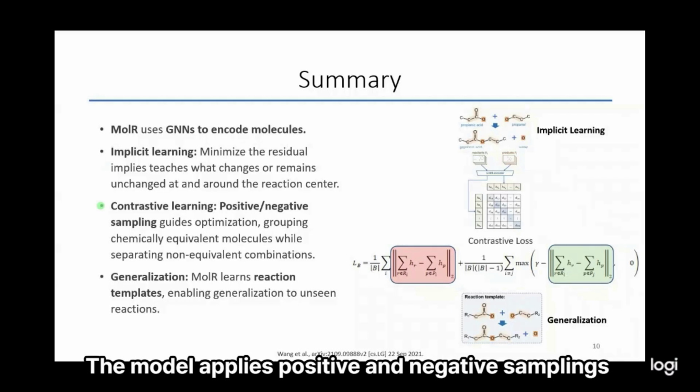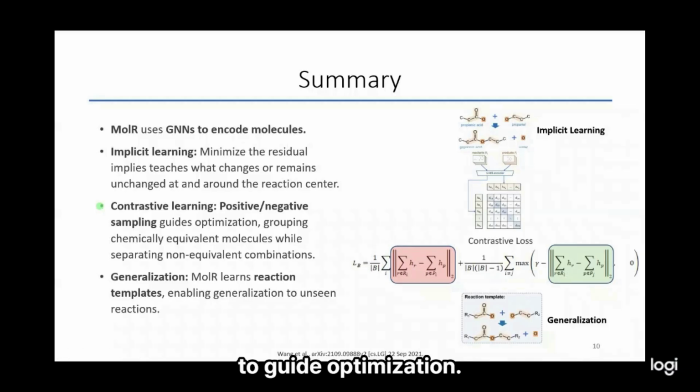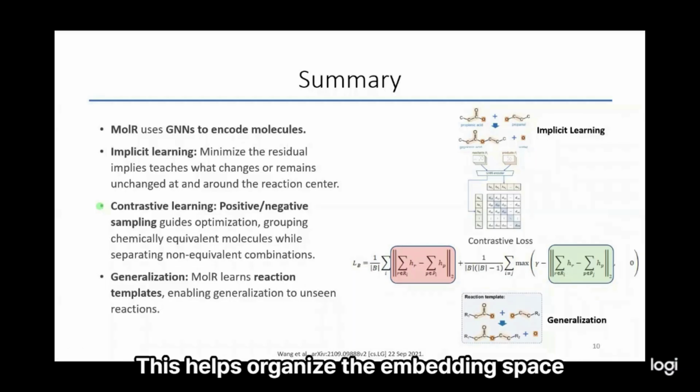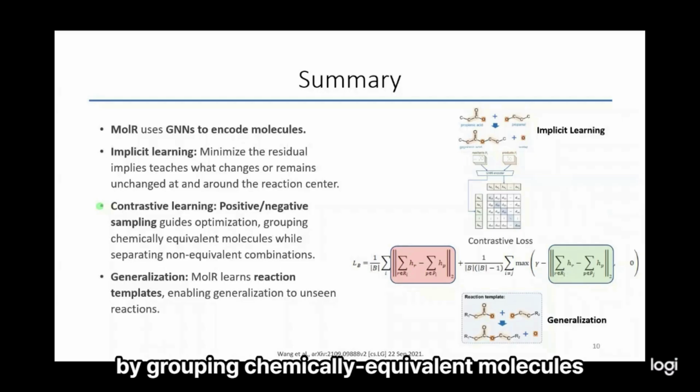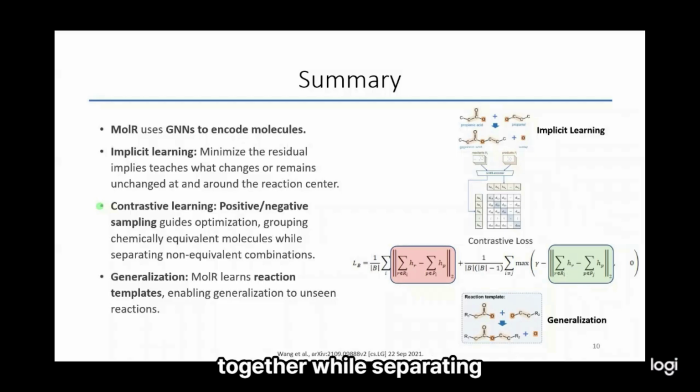The model applies positive and negative sampling to guide optimization. This helps organize the embedding space by grouping chemically equivalent molecules together while separating non-equivalent combinations.